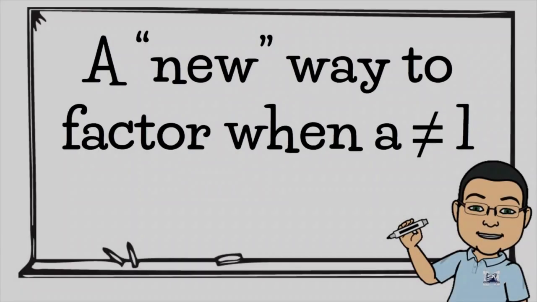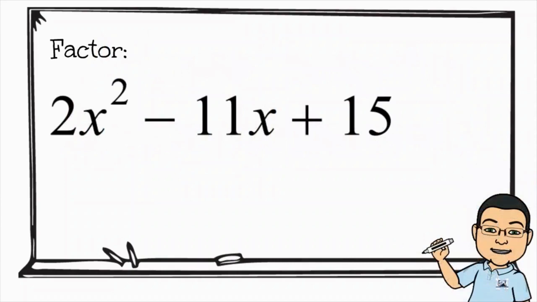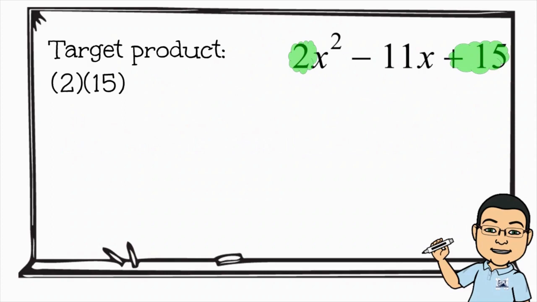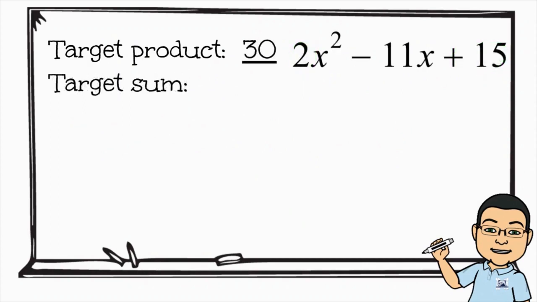As long as I've been teaching math, factoring when the a value isn't 1 has been a struggle for many students. And so we've worked through this idea of learning how to take what we call the target product, taking the a value and the c value and multiplying those together, knowing that the two factors built by your binomials come from the factors of these, right? 2 times 15 is going to give us 30, that produce a target sum, which is that b value in the middle, the negative 11.